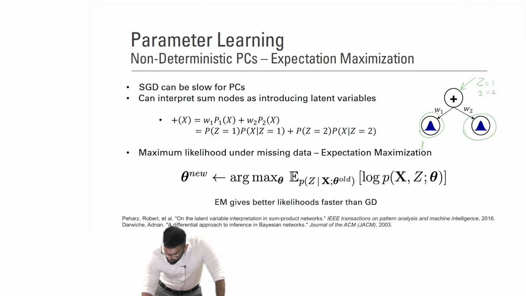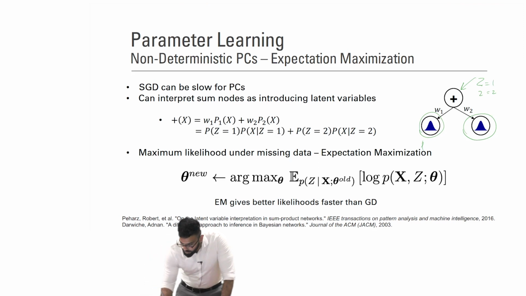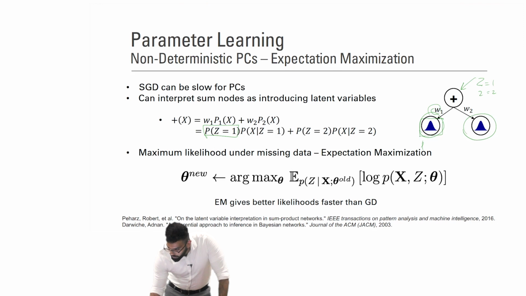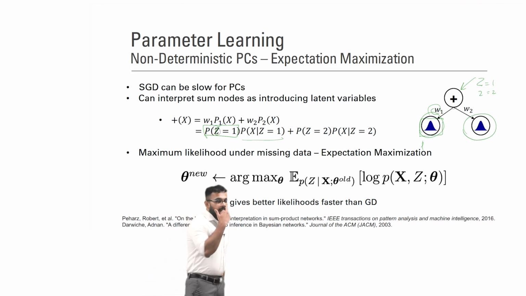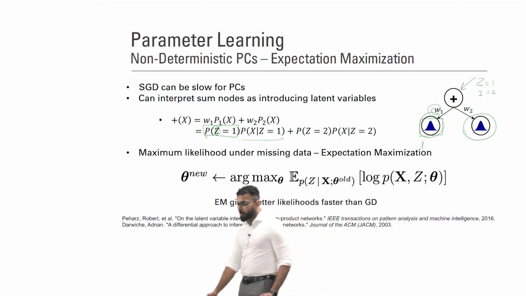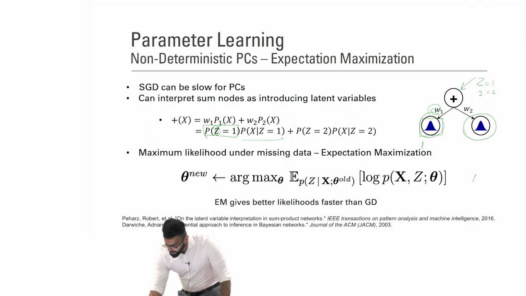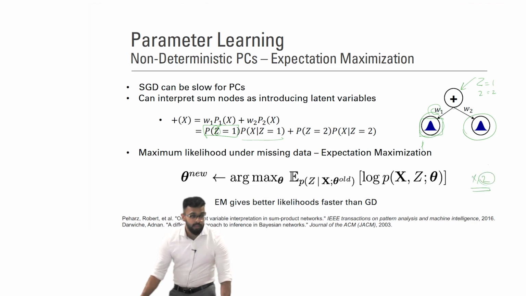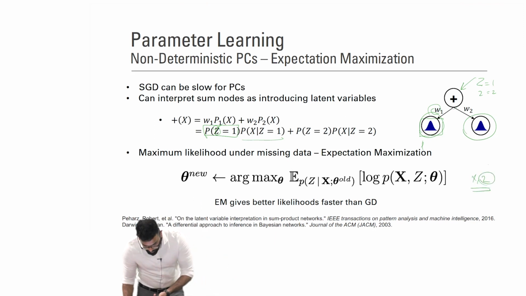You can say that the weights correspond to something that looks like the prior distribution over this latent variable, and the distribution computed by your children is nothing but the conditional over x given that you take that particular path. Now, in this view, z is something you do not know a priori. You do not know which path to take for any given data point. It's some latent information, which means if you think of a joint model over x and z, z is something like missing information.